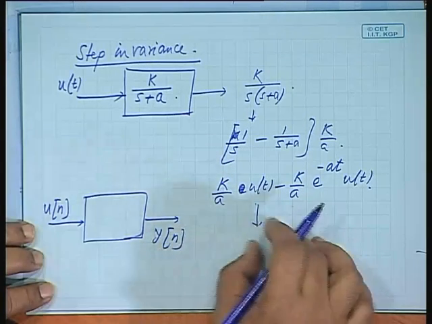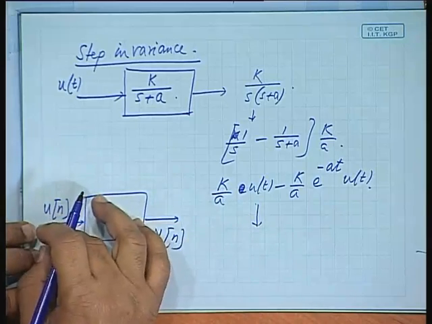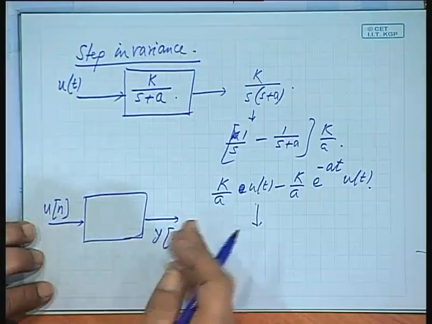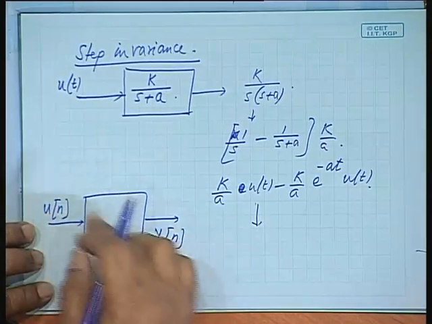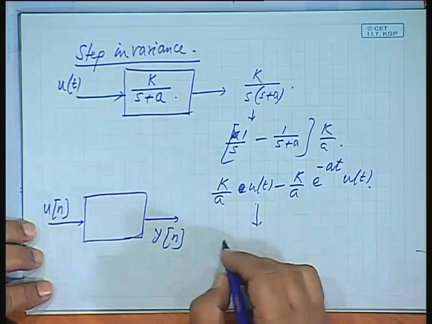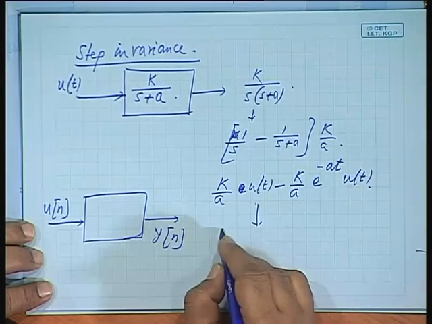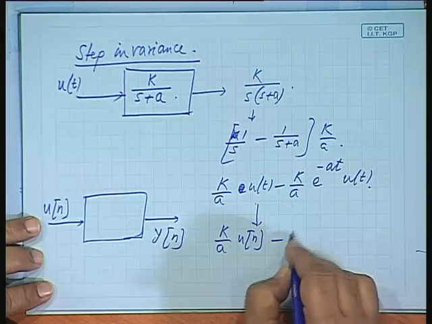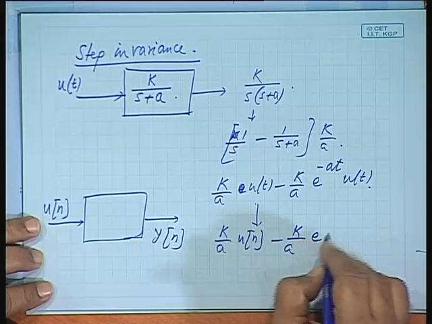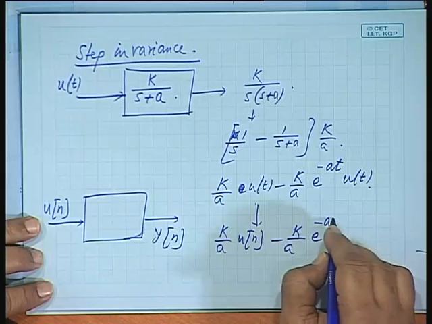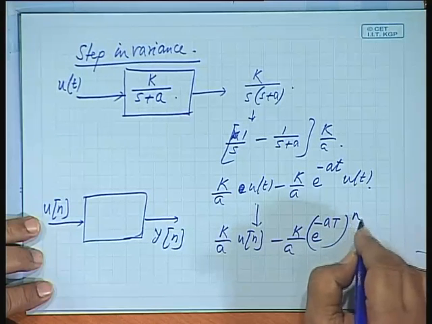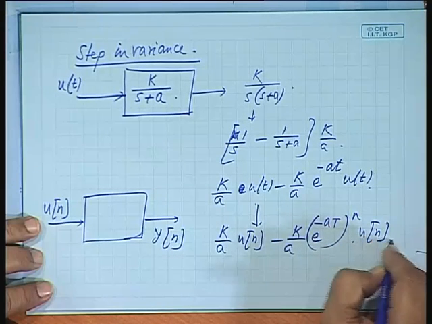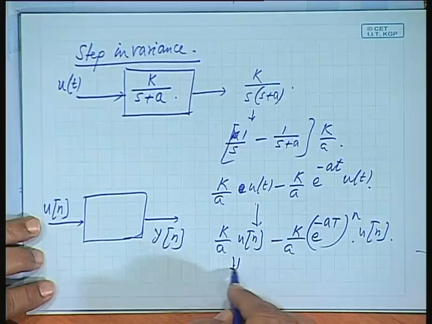So once I know this, I will take the Z transform. Z transform of the step is known, 1 by 1 minus Z inverse. So divide the output by input, that gives me the filter. So let us see what will be the discrete version of this: k by a u(n) minus k by a e to the power minus a t n u(n). What will be the corresponding Z transform?